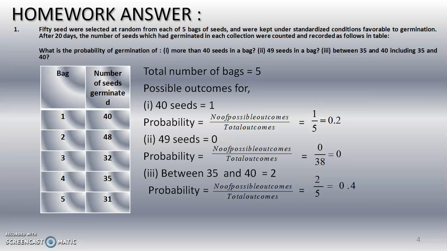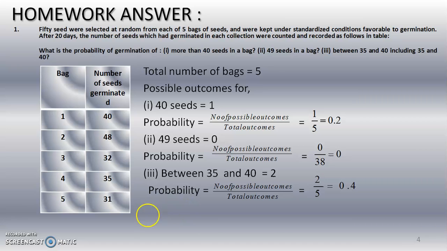After 20 days, the number of seeds which had germinated in each collection were counted and recorded as follows in the table. You should get these numbers from the table. The question is, what is the probability of germination of: first, more than 40 seeds in a bag.